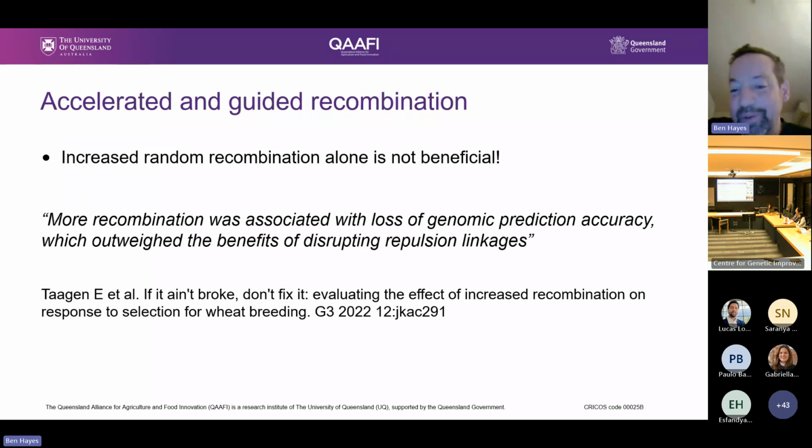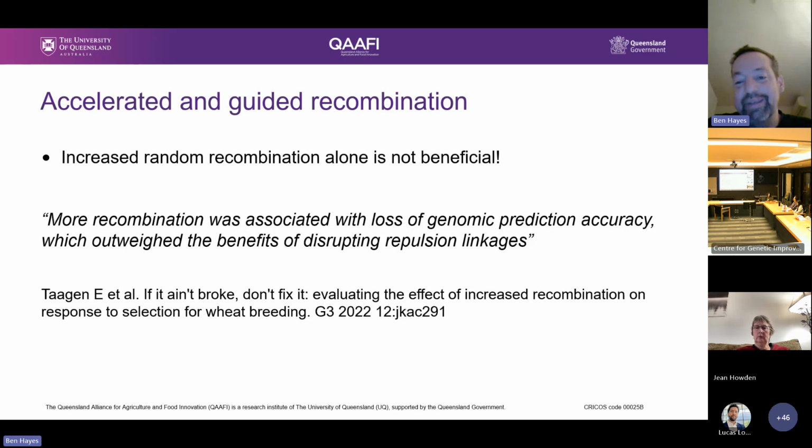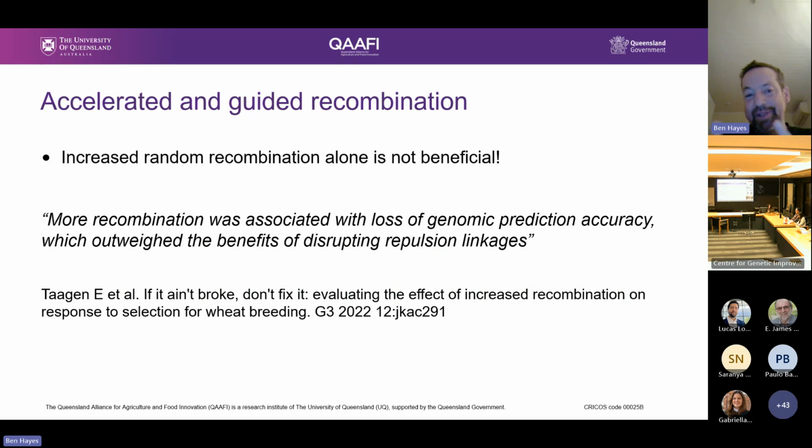You have to be careful when you do this, however, that you don't break up your block of SNPs, your haplotypes, that you're actually using in your genomic predictions. Even in a method like GBLUP, we think about it using individual SNPs, but what it actually does is use combination of SNPs to track mutations, and it's that combination of SNPs that is used in the predictions.